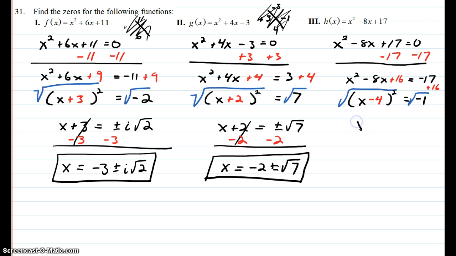And now we have x minus 4 equals the square root of negative 1, which is i. Now we can add 4 to both sides. And we're left with x equals 4 plus or minus i.